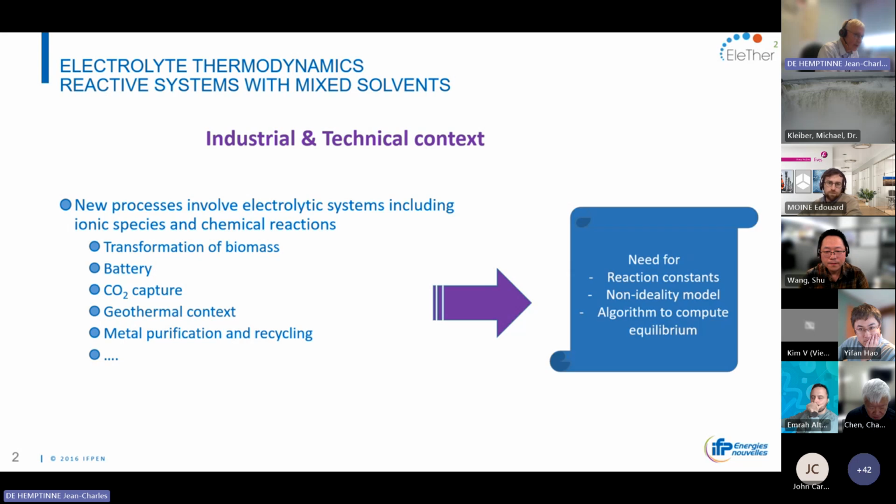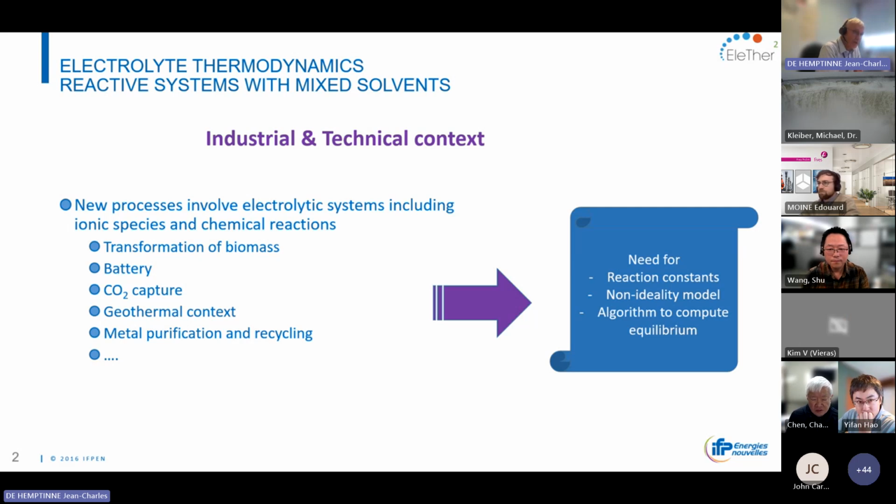thermodynamic applications. And if I can summarize them in three big items, it is the fact that these systems are often reactive. So that means that we need to have equilibrium constants. We need to have both chemical and physical equilibrium.